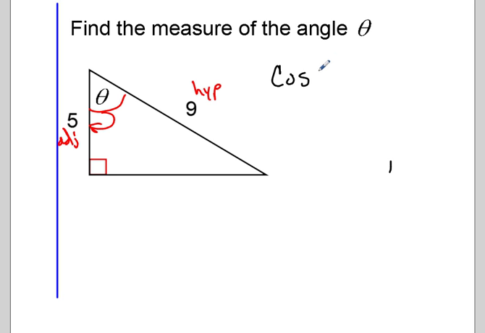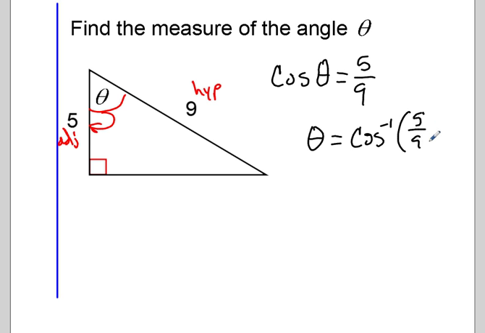So I'm going to set this up similar to the way that we set up our problems in finding sides. The cosine of angle theta is equal to 5 over 9. To do this and get the theta, we use the inverse. So now it's going to say theta is equal to the inverse cosine of 5 over 9.